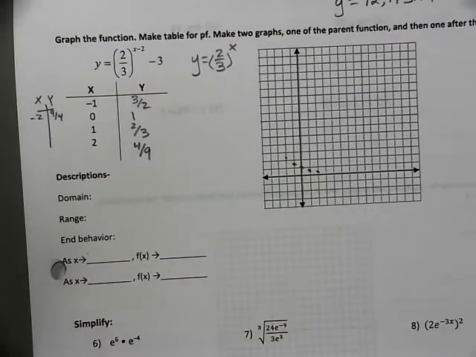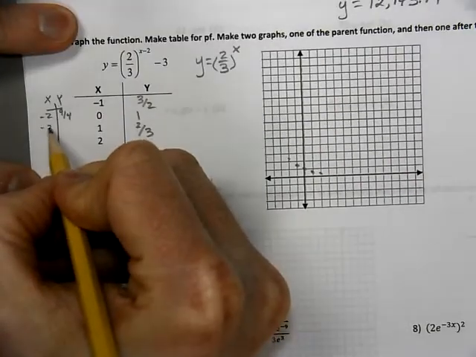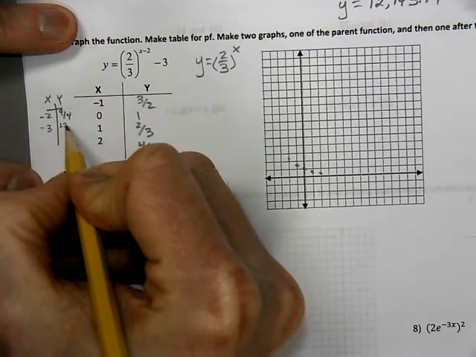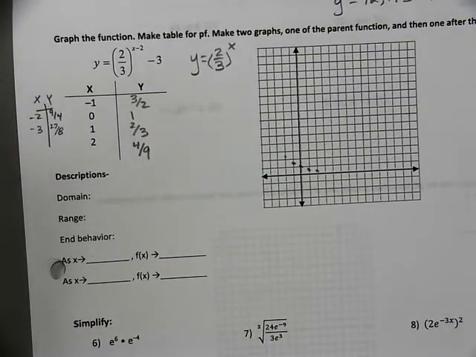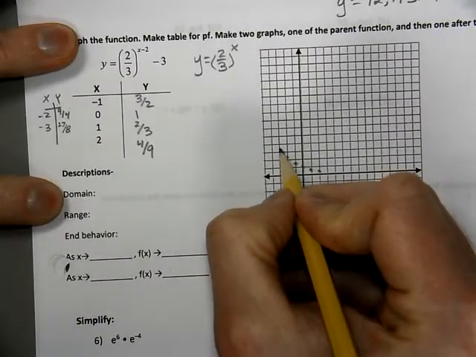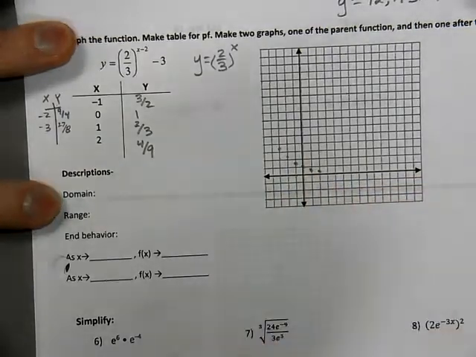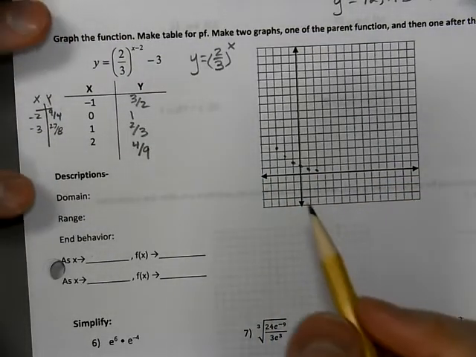So you can see that it's growing pretty slowly. At -3, it would be 27/8, which is 3 3/8. So it's not growing that fast.